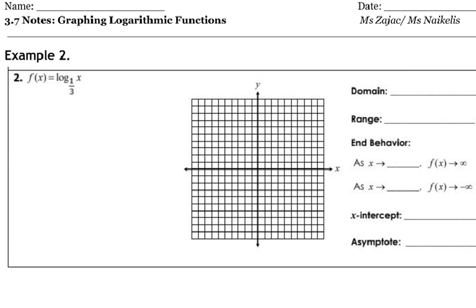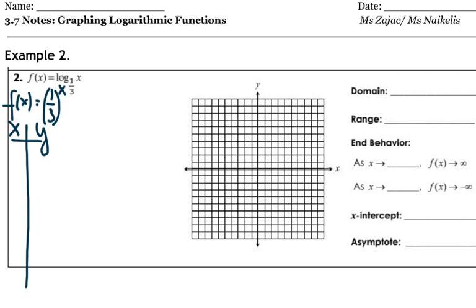Let's take a look at the second example. We have f of x equals log base 1/3 of x. So we need to have the inverse of this function, which is f of x equals 1/3 to the power x. So to make the table, I'm going to use x and y values.